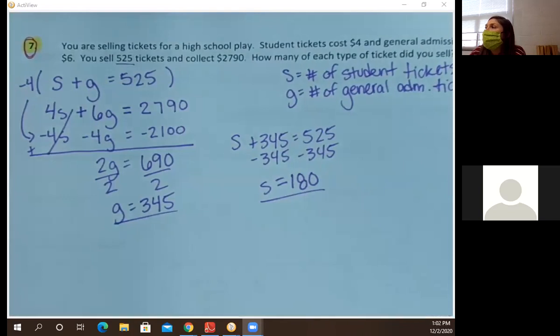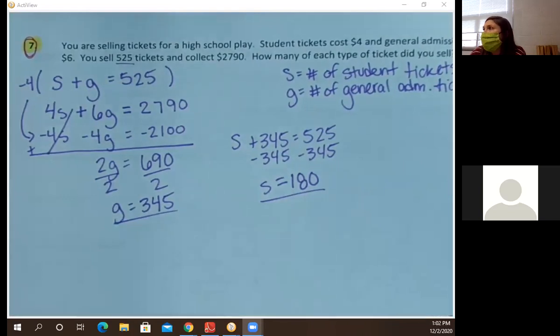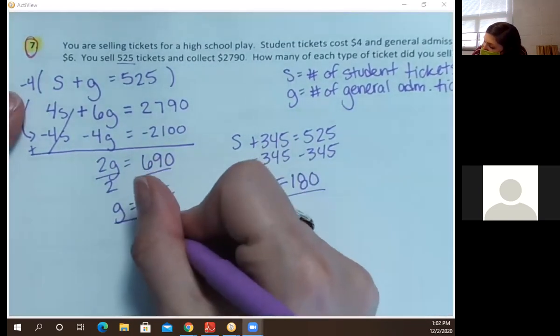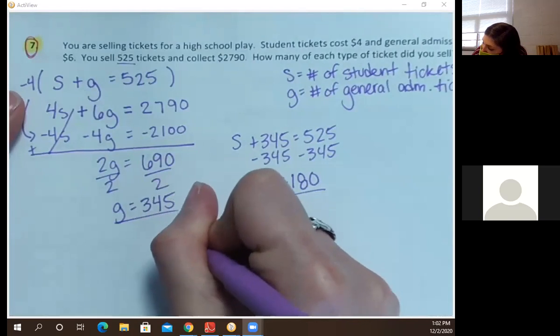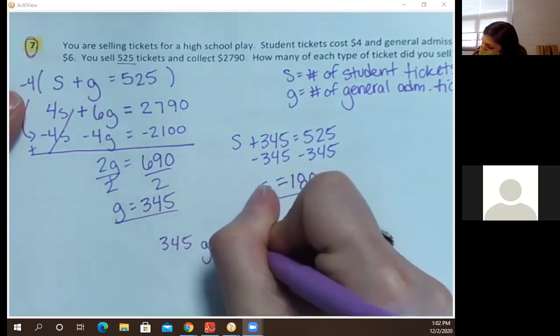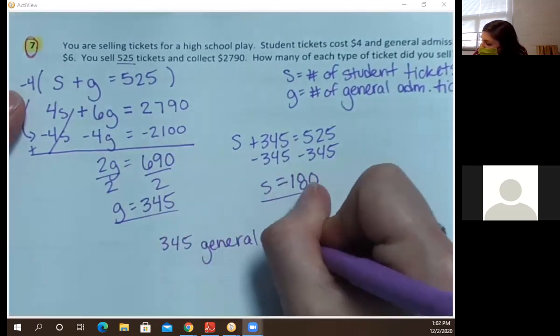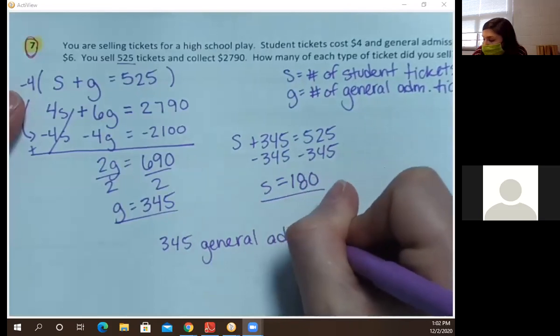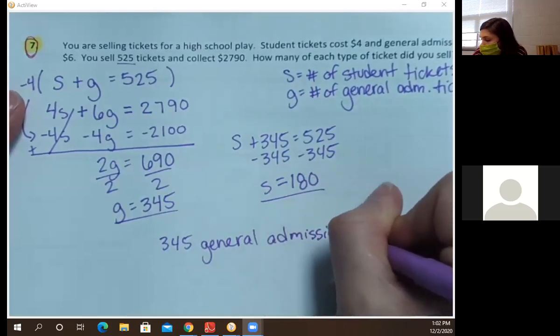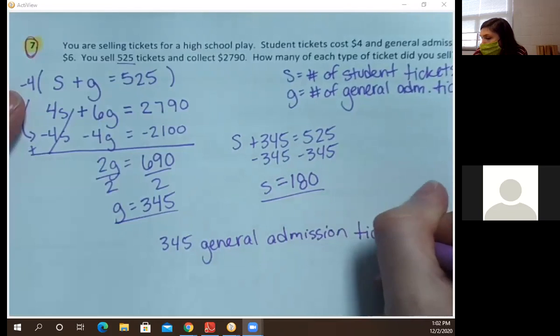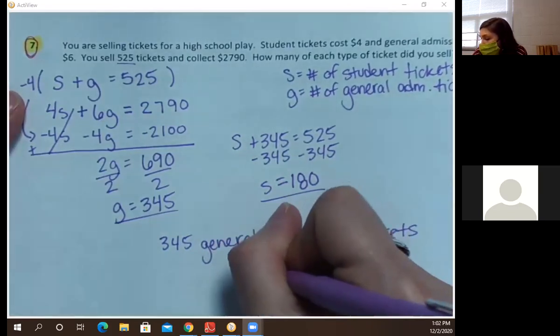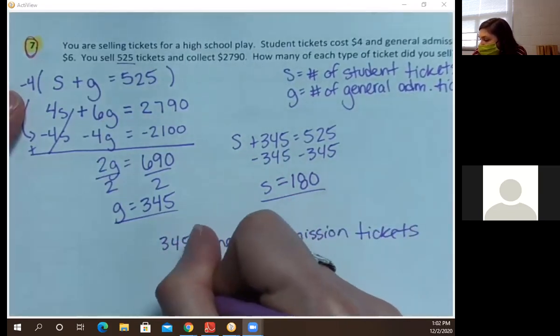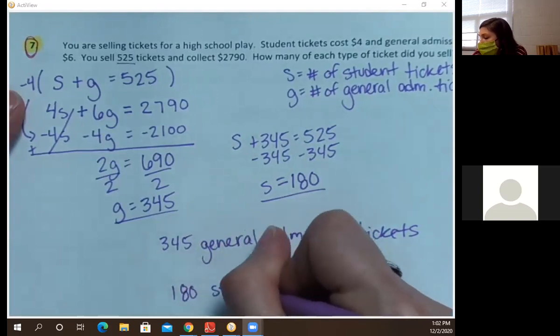Since this problem has a context, I'm not going to give my solution as an ordered pair. I'm going to state what each of these values represent. So we sold 345 general admission tickets. And 180 student tickets.